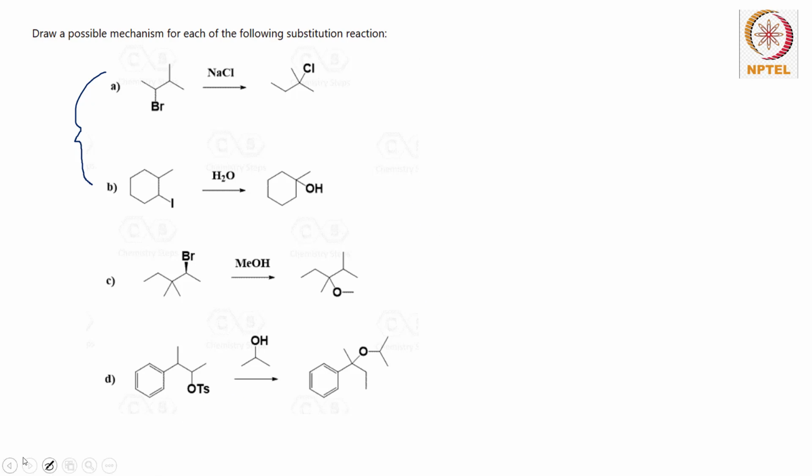So what will happen? First, there is a leaving group, bromine, so it will get eliminated first, and that will give us this carbocation. Now what is the degree of this carbocation?